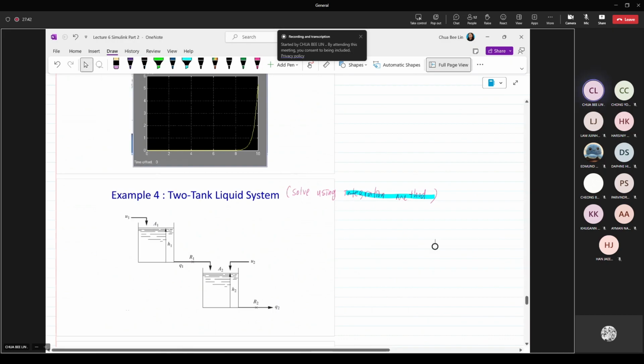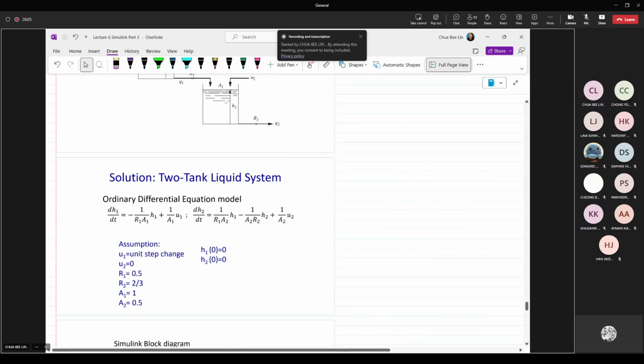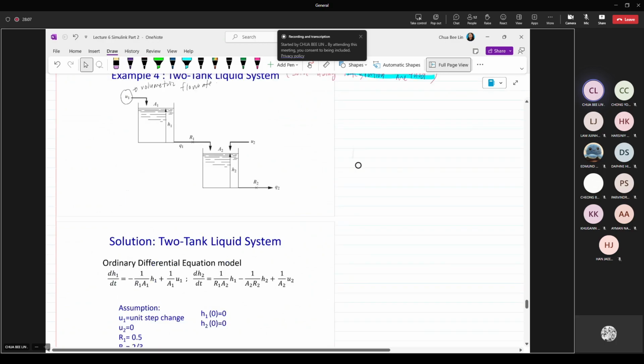So for this question, your U1 stands for the volumetric flow rate. Okay. So from here, they are using different letters. So let me check what U stands for. U is the input.